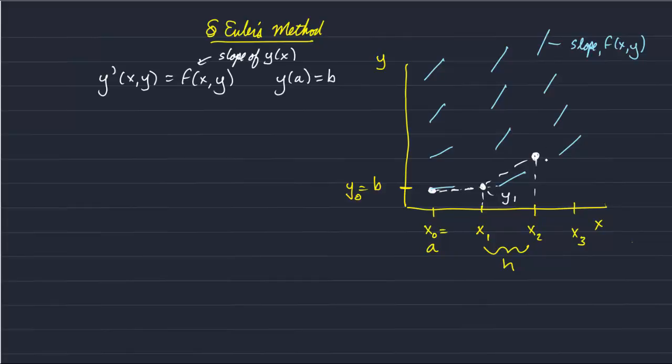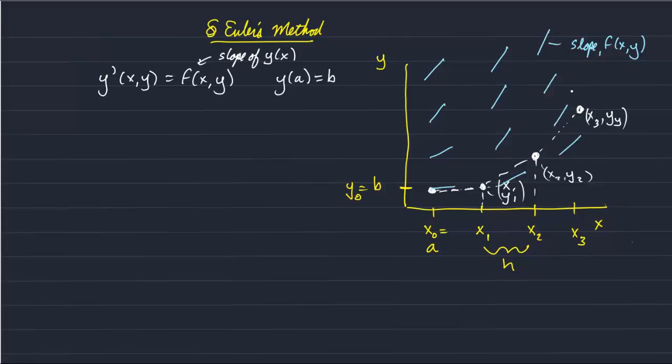And since we have an estimate for our new position at x2, we can evaluate what the slope is using our function, and we can then project along that slope to our new point, x3 and y3. So this is x2, y2. This was x1, y1, and so forth. So this is a summary of the strategy.